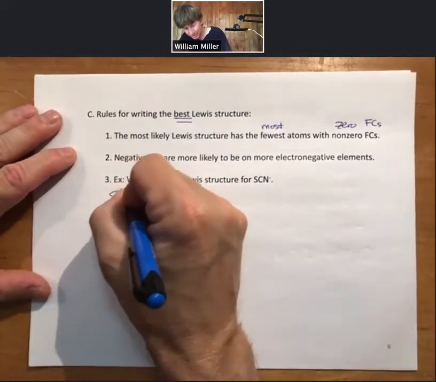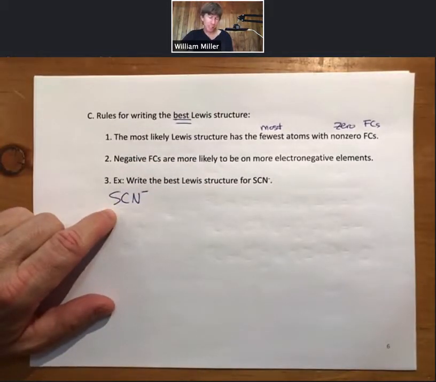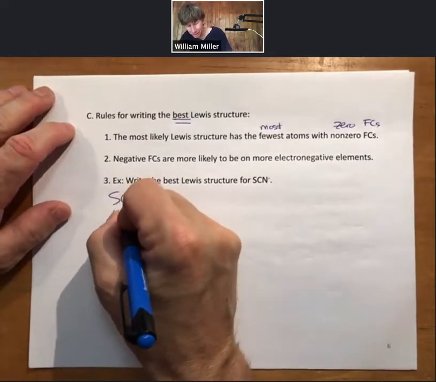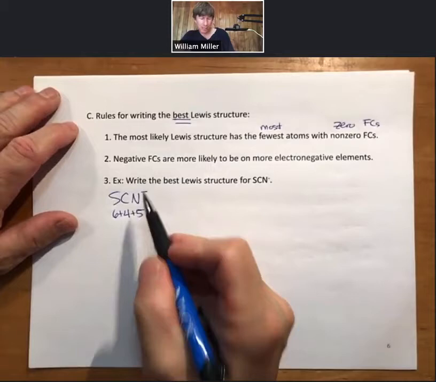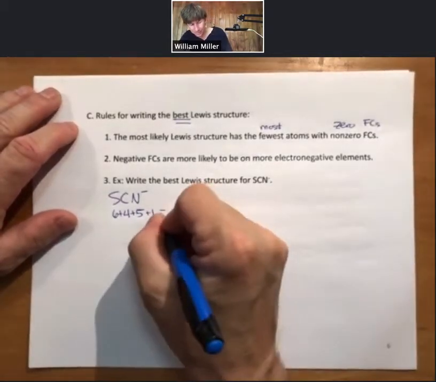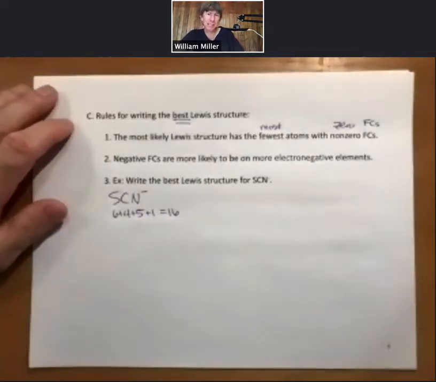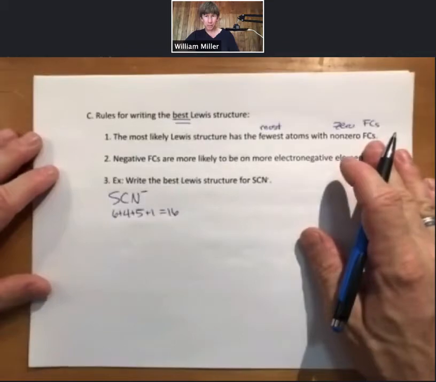So SCN minus, so sulfur from the periodic table has 6 valence electrons, carbon 4, nitrogen 5. We have a negative charge there. Add 1 electron. There are 16 electrons that we have to put into our Lewis structure.